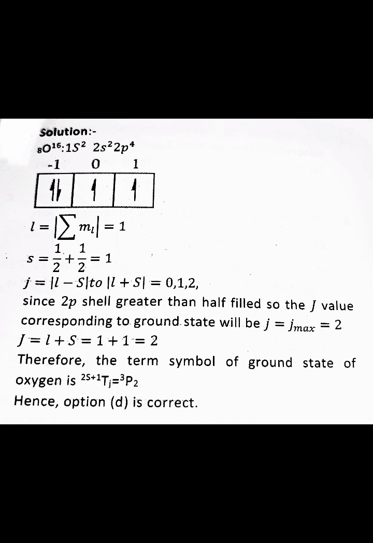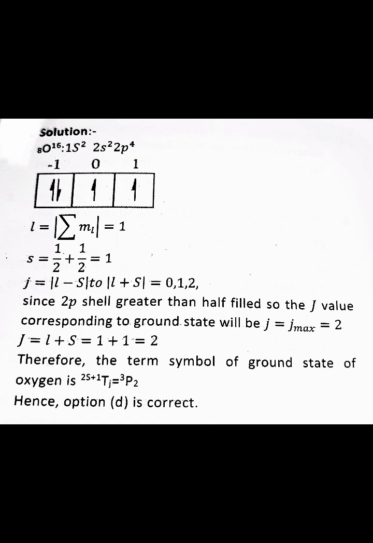So L is equal to summation over ML is equal to 0 plus 1, that is equal to 1, and S is equal to half plus half, that is equal to 1. J is equal to L minus S to L plus S, and that is equal to 0, 1 and 2. Since the 2p shell is more than half filled, the J value corresponding to the ground state will be J max. That means J is equal to L plus S. So here J is equal to J max, that is equal to 2.